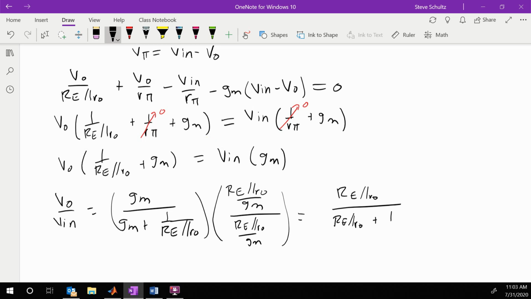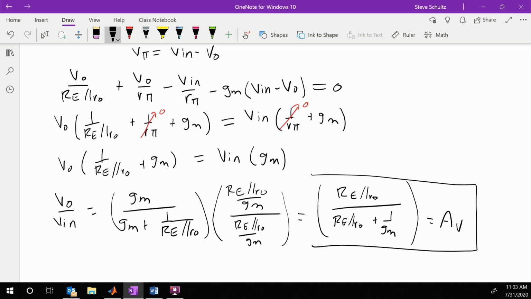And that is my gain, and that is my common collector configuration.